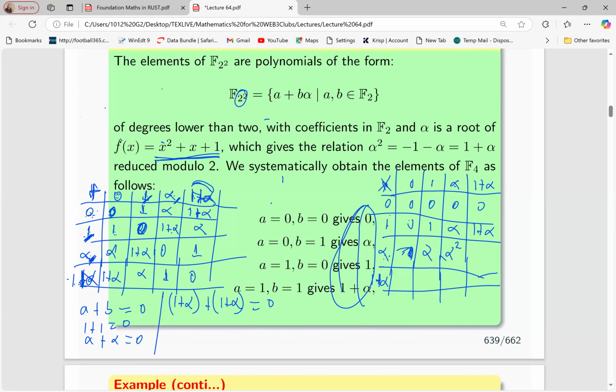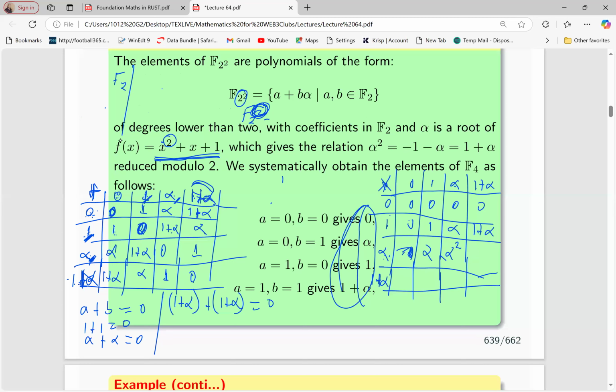You were asked to come up with F of 2, so the degree of the polynomial must be 2. So that is what I did. You can see my polynomial is of degree 2. And the other thing you need to verify is that the polynomial is irreducible in the field F of 2.